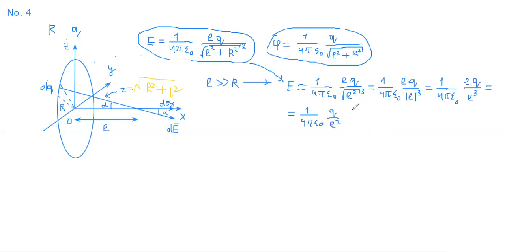So we have obtained a formula that looks similar to the field of point charge. So from this formula we can make a conclusion that from very long distance the ring looks like a point, and I think it is what can be expected.